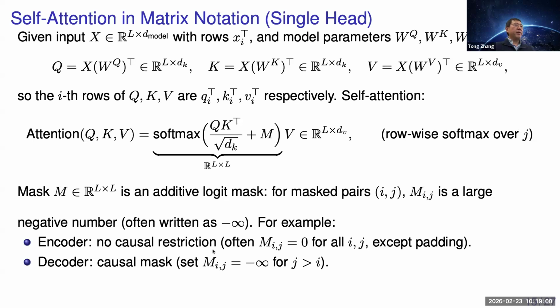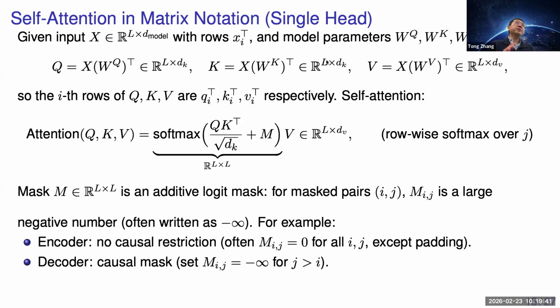In the encoder, because it is bidirectional, everything is 0 because you don't need any attention mask. But in the decoder, you have negative infinity or a large negative number, for example minus 10 to the 9. So this is the attention mask, and this is generally how it's done in this setting, so that you still have the matrix multiplication, which is always LD, right?